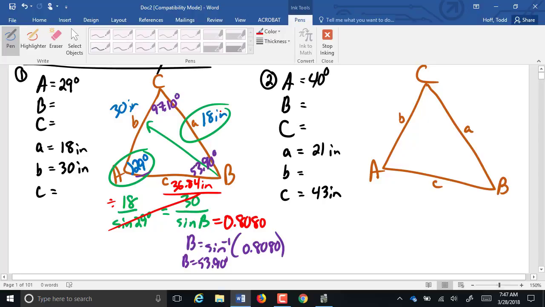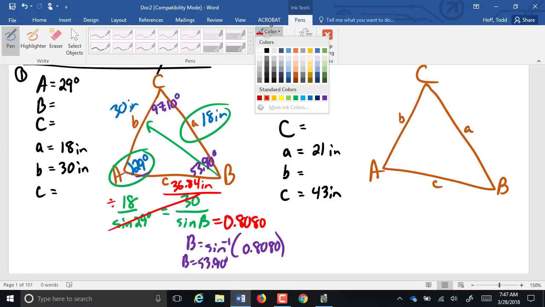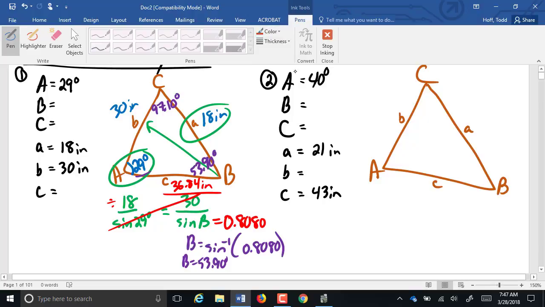Now, if we look at that, does that answer look reasonable? Is the smallest side across from the smallest angle and the largest side across from the largest angle? Yes, it is. But is that the only possible solution for this? Why not? Yeah. We gave you an angle and two sides.